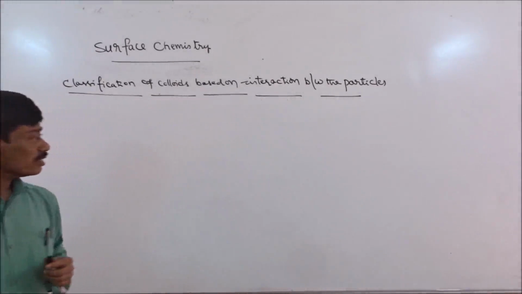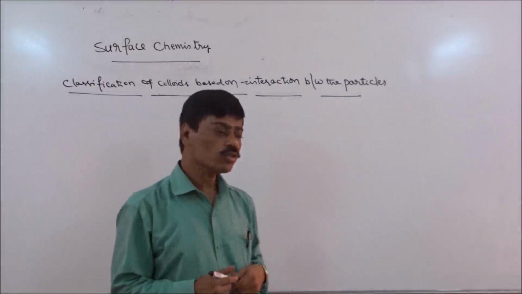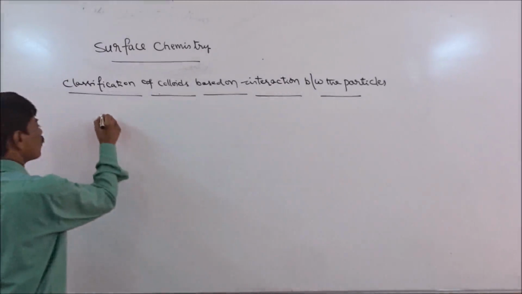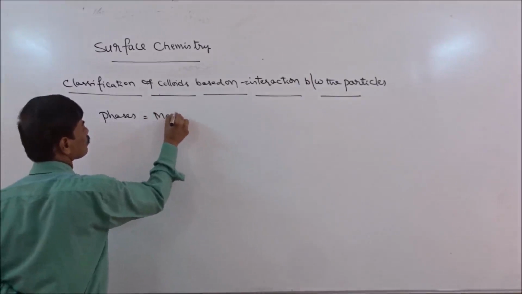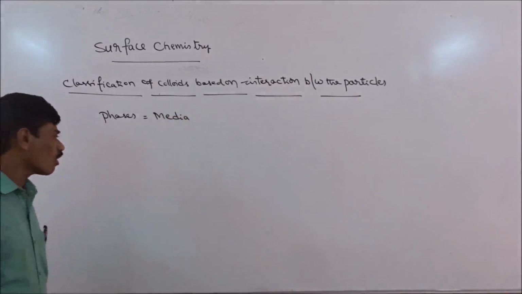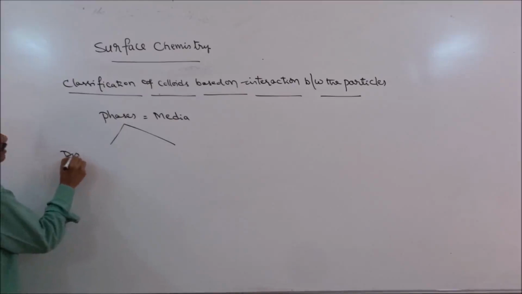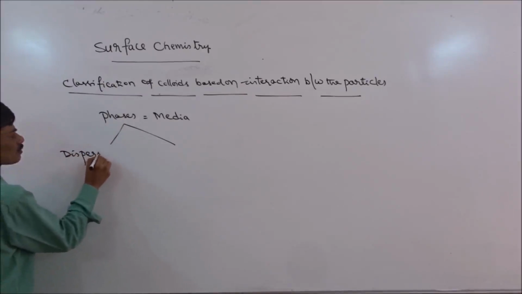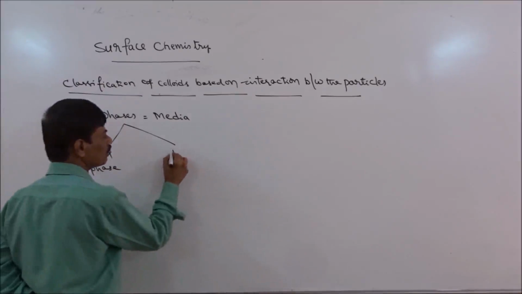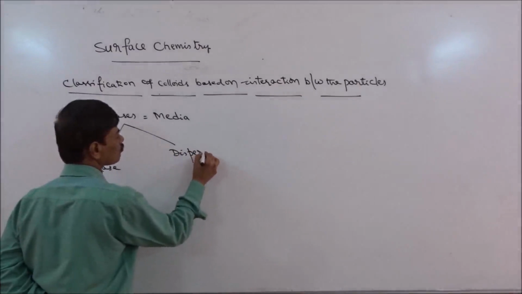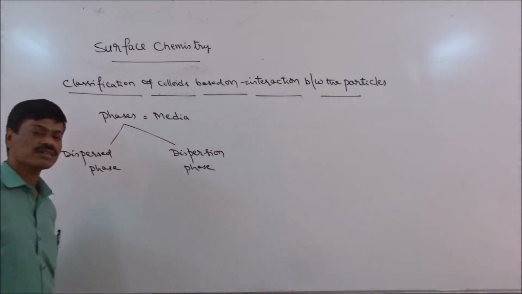Right? And these colloids mainly will have two media or two phases. Here phases means media. And what are those phases? They are number one, dispersed phase or medium. Second one is dispersion phase or dispersion medium.